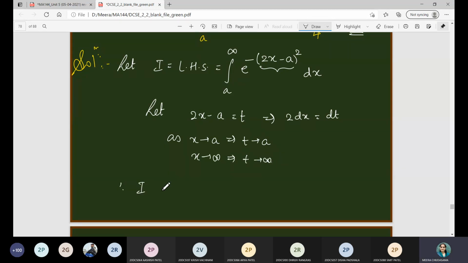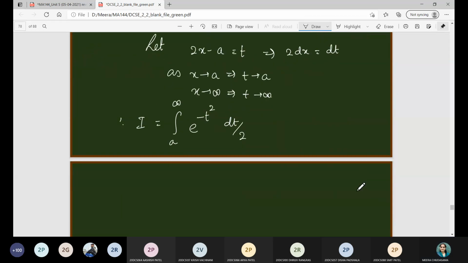So therefore I will become the integral from a to infinity e raised to minus t square, dx will be what? So it is dt by 2, right? So it is equal to 1 by 2 times the integral from a to infinity e raised to minus t square dt.